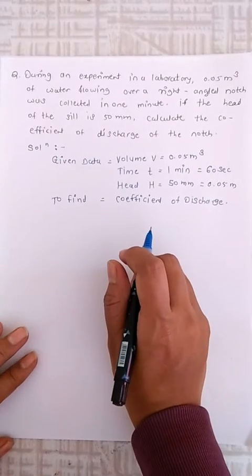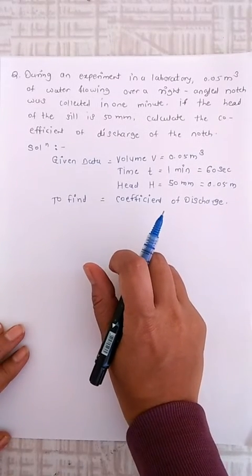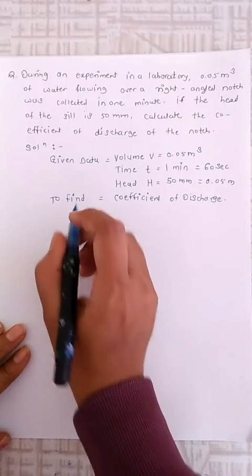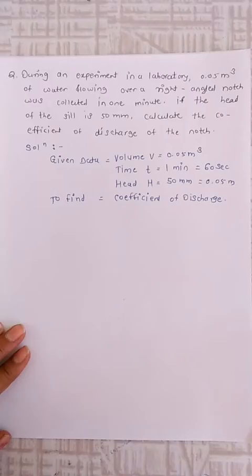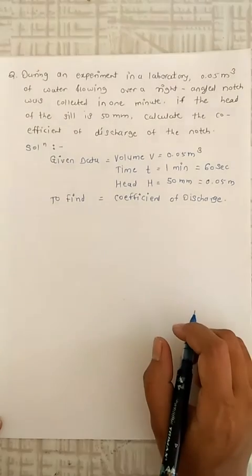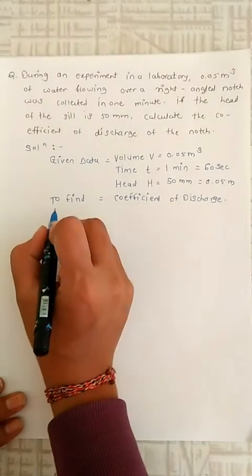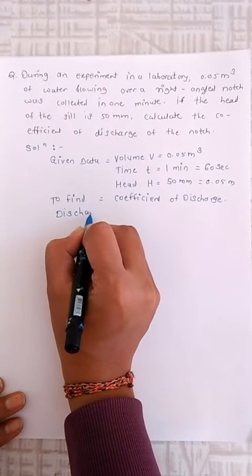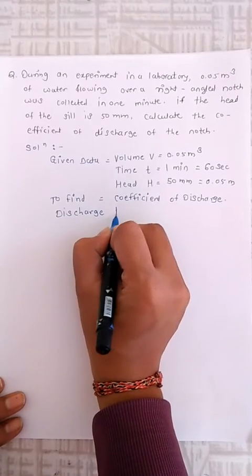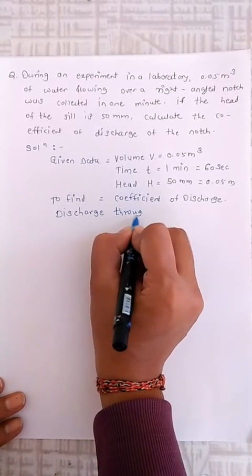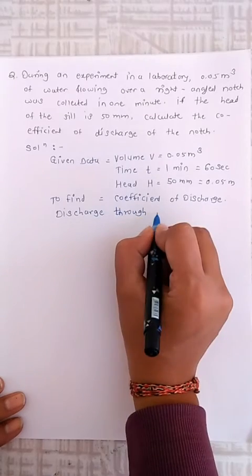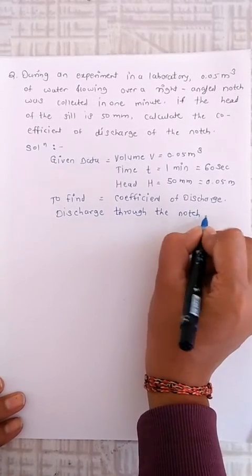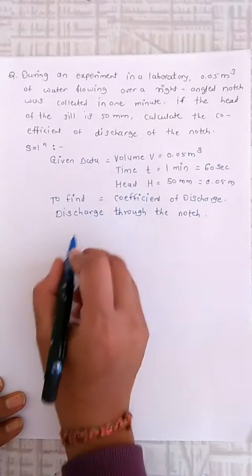For calculating the coefficient of discharge, there is a formula for the discharge through the notch, which is calculated by a formula.